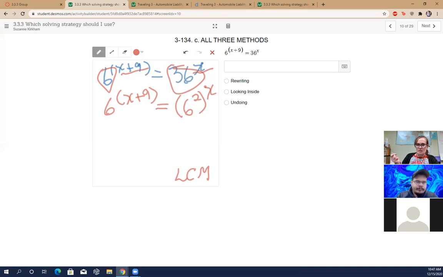Now all we need to do is worry about the powers. On one side, we've got x plus 9. And on the other side, we've got 2x. We need to combine like terms. So what should we do to combine like terms?